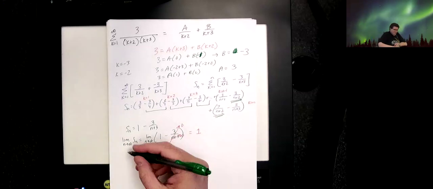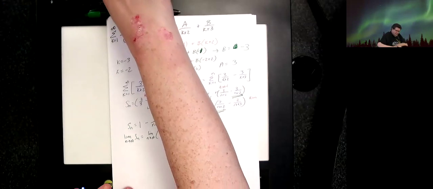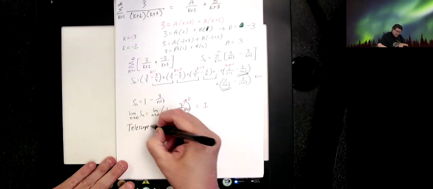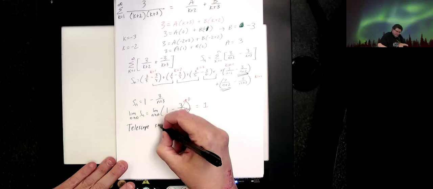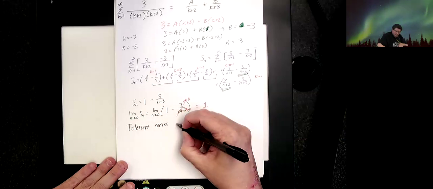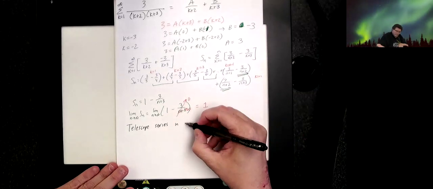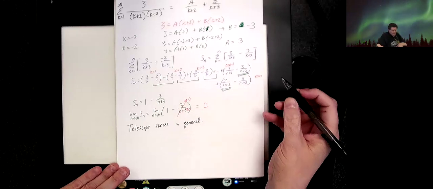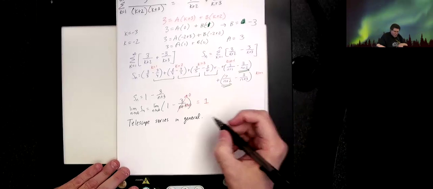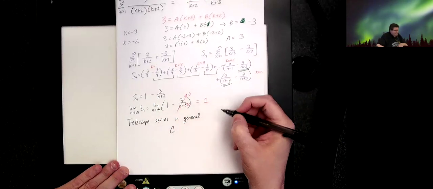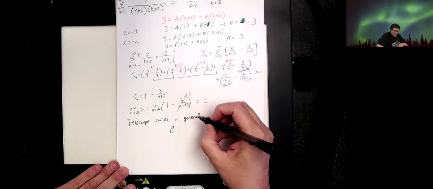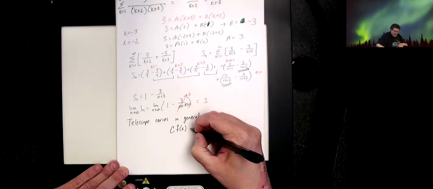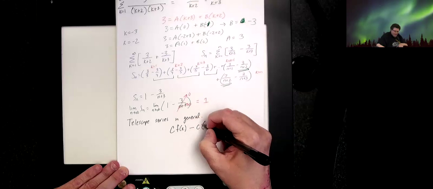So telescoping series in general, you have some coefficient, let's call it c, times f of k minus c times f of k plus 1.